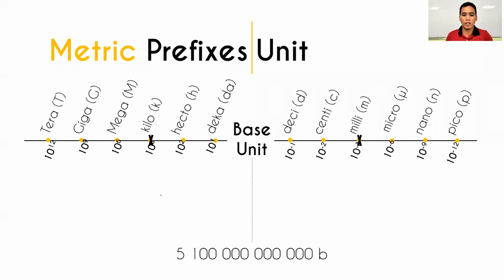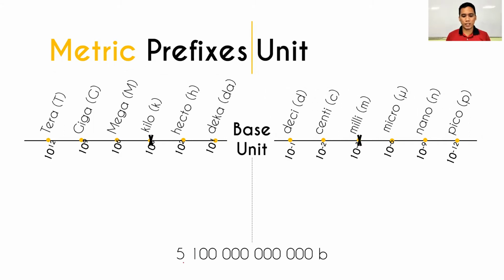For example, in this case, we have 5 trillion and 100 billion bytes. As I have mentioned earlier, prefixes are used para mas malesen, or para mas konti ang number na kailangan mong isulat, or to lessen the number of digits of your measurement.